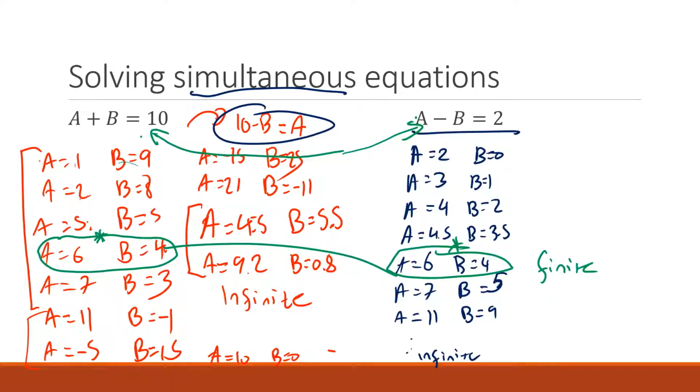And that's why we refer to these as simultaneous equations. When these two literal equations occur at the same time, we can establish that there must be a solution, and not just a solution, a unique solution, one solution.